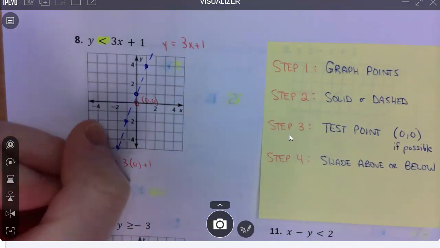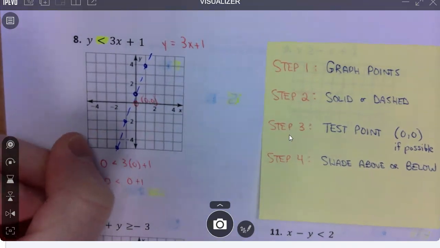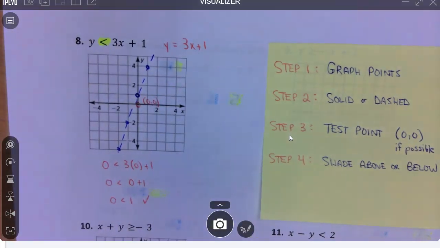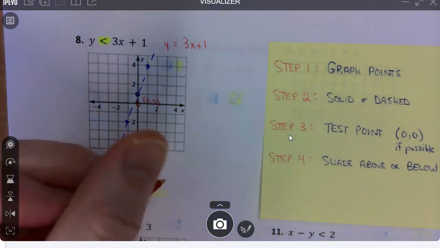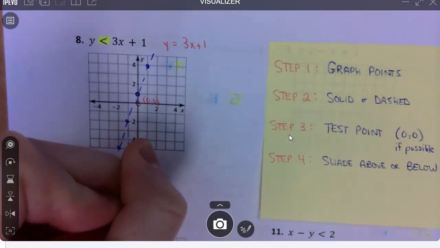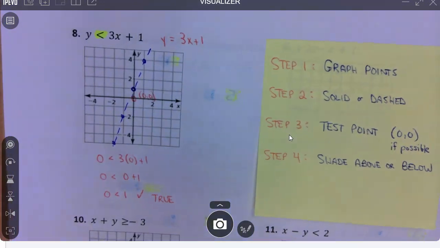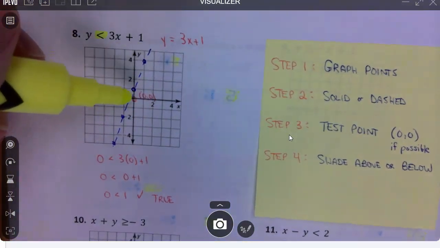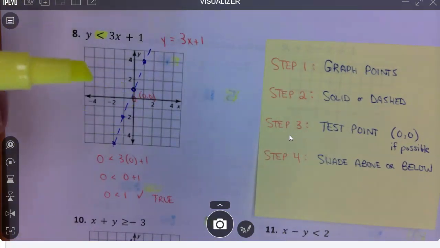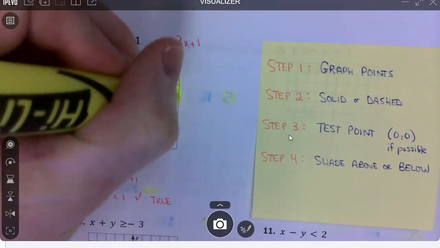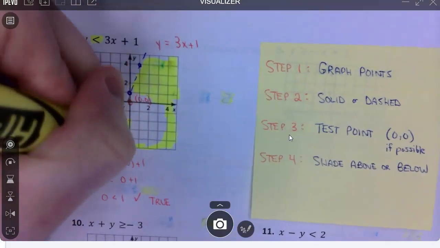Well, that would be 0 is less than 0 plus 1. 0 is less than 1. Check. That works. Because 0, 0 worked, that is a true statement. That means I'm going to shade the region of the graph that includes 0, 0. So I'm shading below the line because 0, 0 worked and it's below the line. So I'm shading everything below the line.